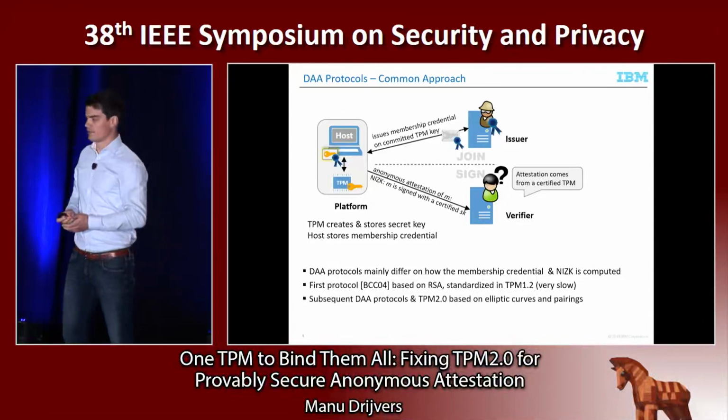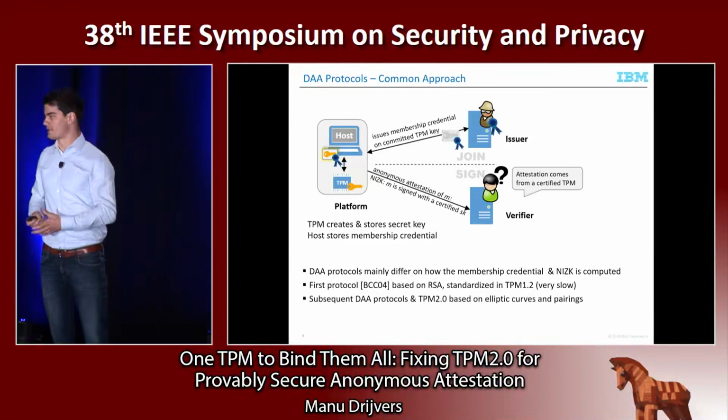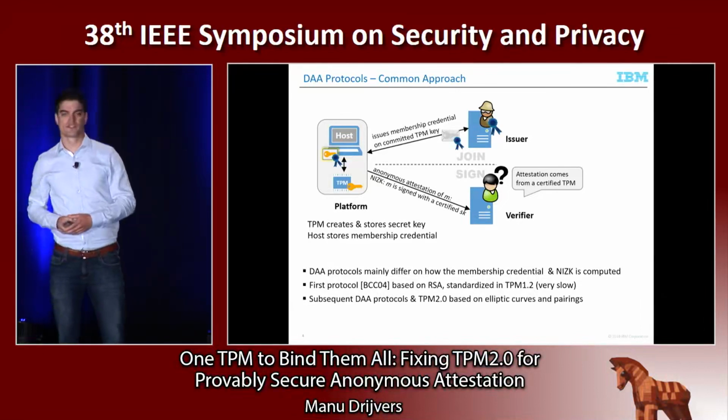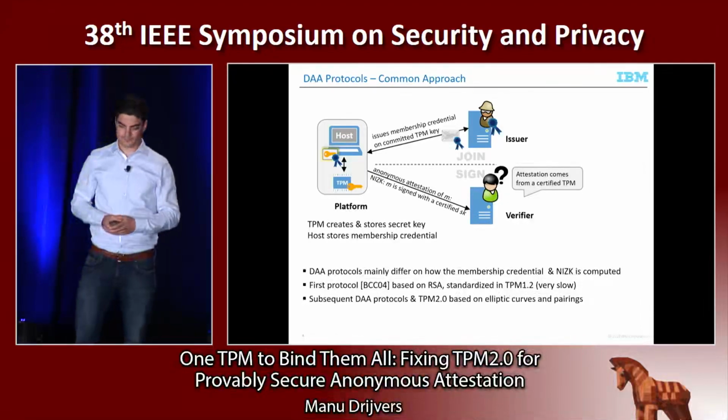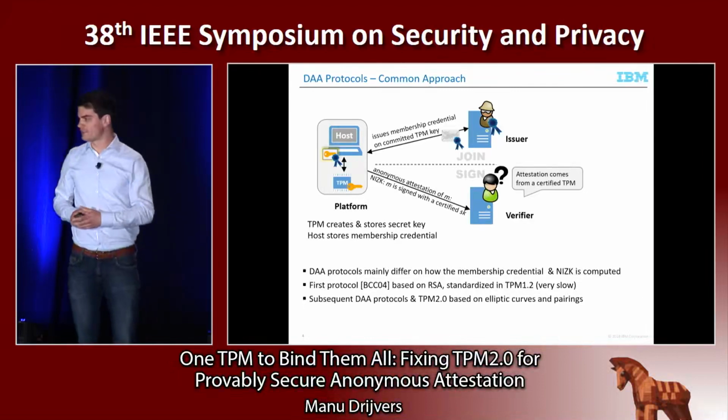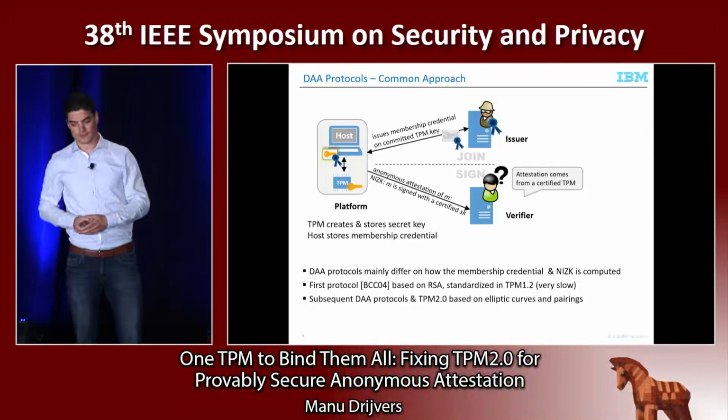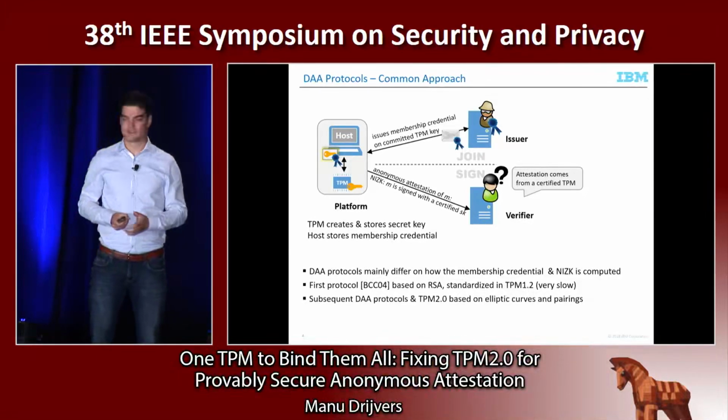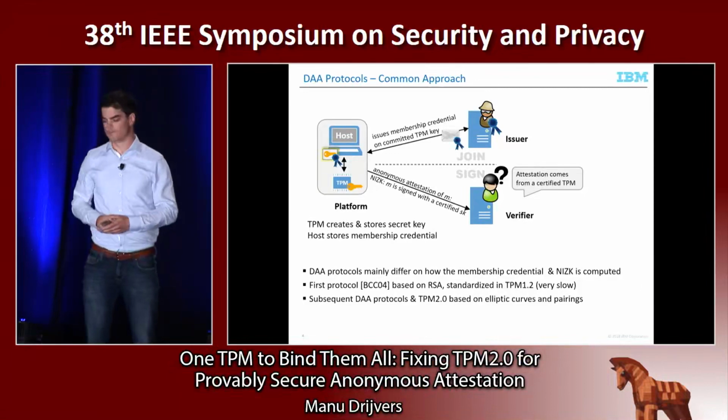Now, when that is done, the platform can start doing these anonymous attestations. And that works with the so-called zero-knowledge proof. What that does is convince the verifier that some message M, which is the attestation message, so whatever the TPM measured, is signed by some key that was certified by the issuer.